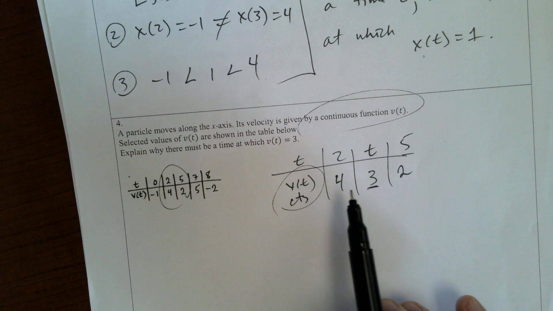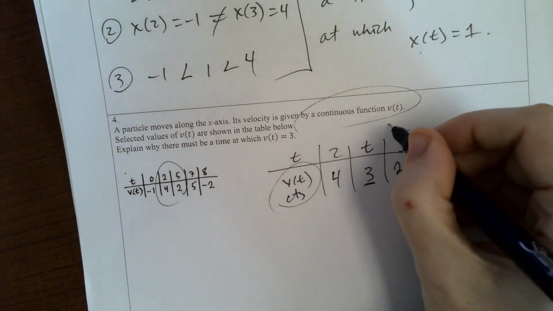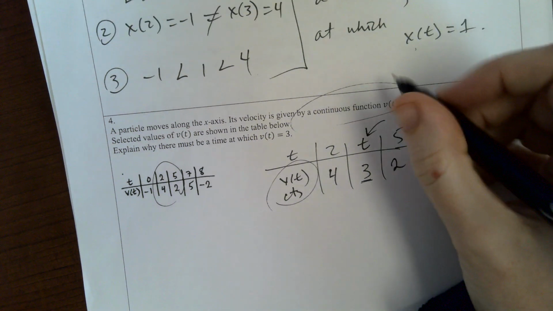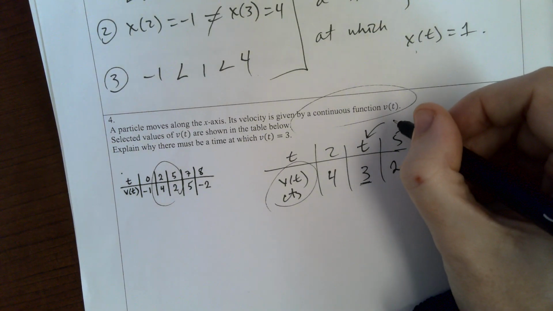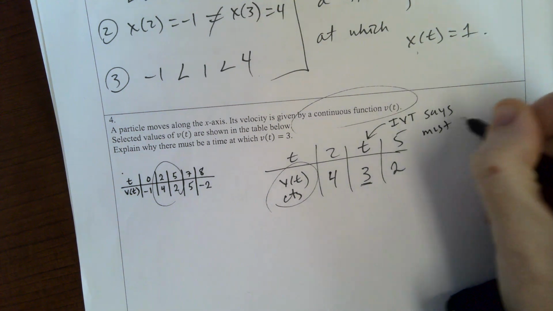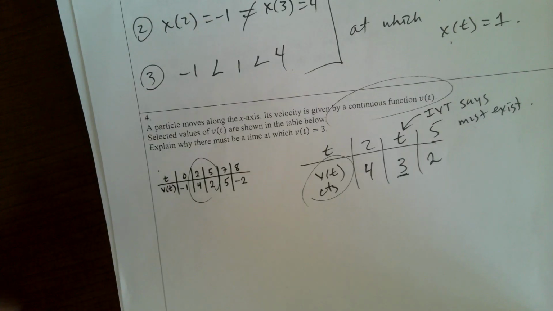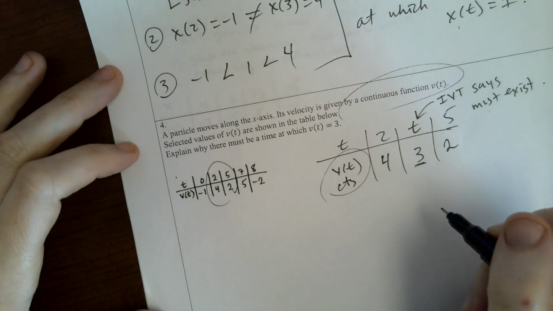This number is between 4 and 2, and 4 and 2 are not equal. So basically we've got it. IVT says it must exist. All right, and you don't need to show that table. I just thought it might be beneficial for some people.